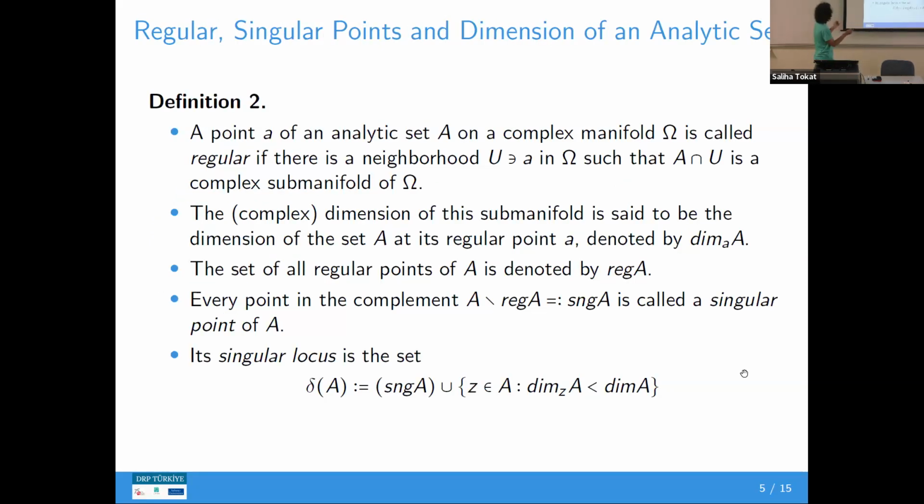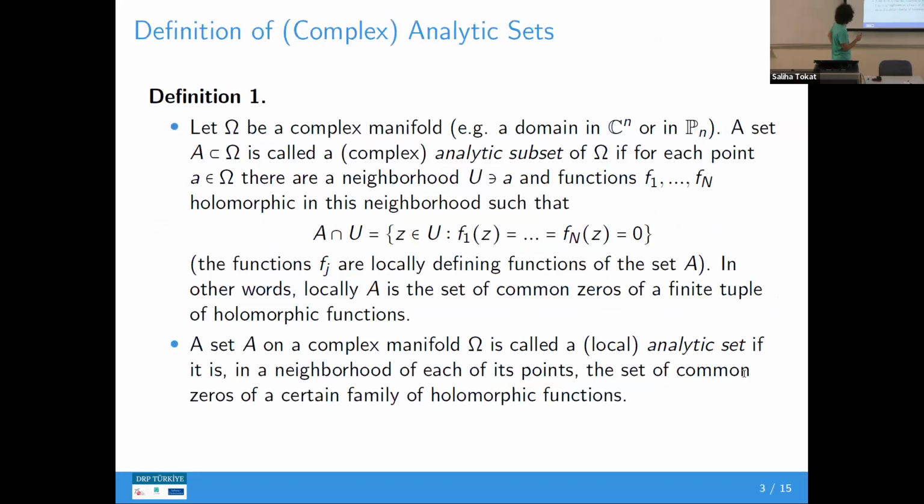Okay, now definitions. We want to understand these analytic sets, and we want to measure their behavior. And how can we measure their behavior? By using a dimension concept. But there is something troubling here, because if we check this definition, we see that the number of defining functions is not fixed, and also their rank is not fixed.